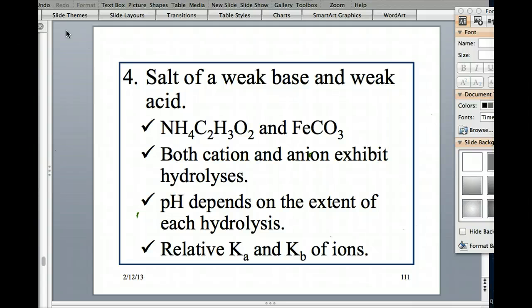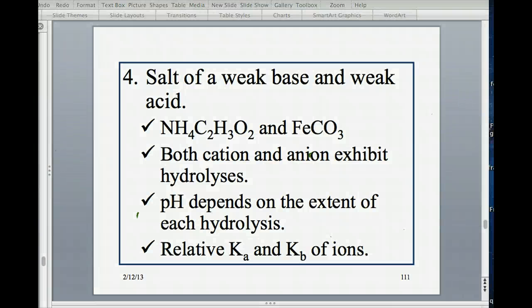Okay, this is the scenario that you've thought of, I'm assuming, is weak and weak. NH4, C2H3O2, ammonium acetate. Acetate came from acetic acid, vinegar. Ammonium came from NH3. Weak and weak.